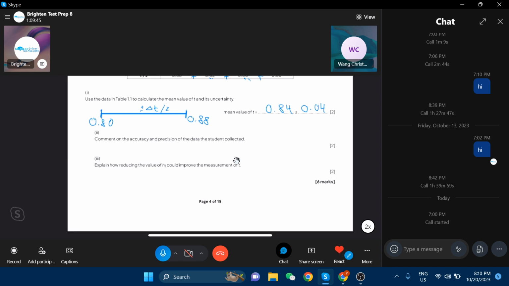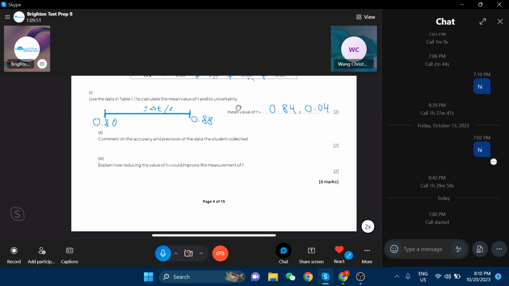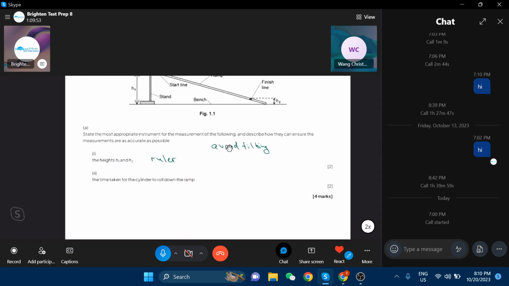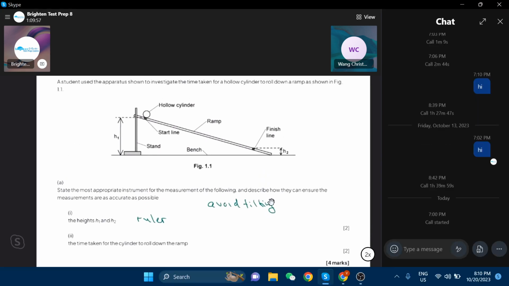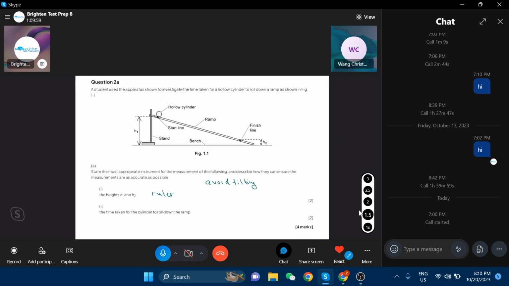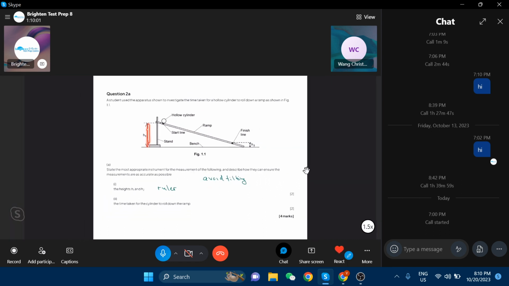And what about that question h1? If we would reduce the value of h1, if we make that a bit less high, or reduce the height a bit of the starting point, first of all, what kind of effect does that have?